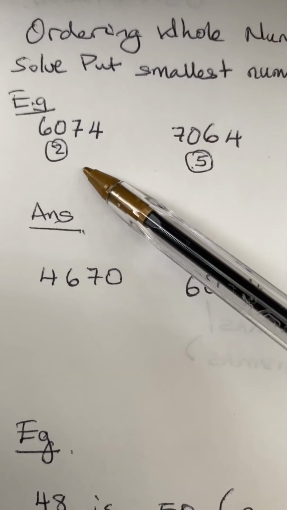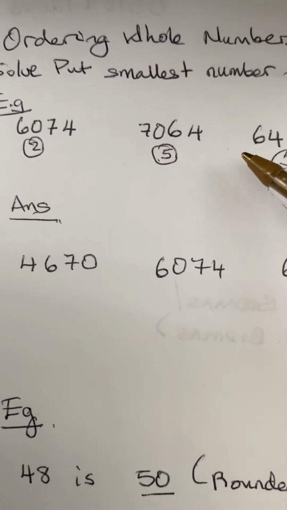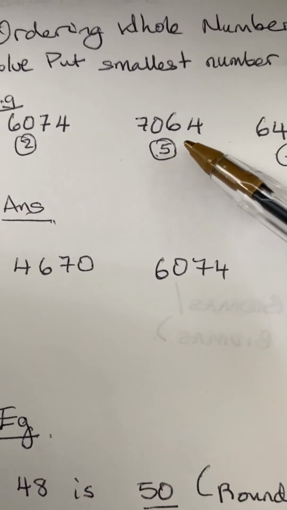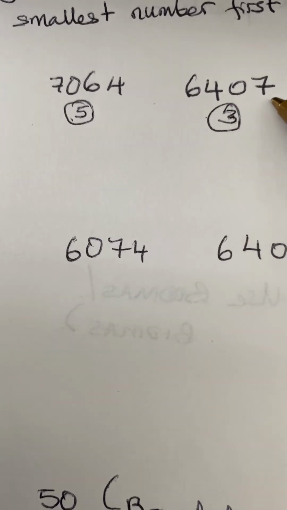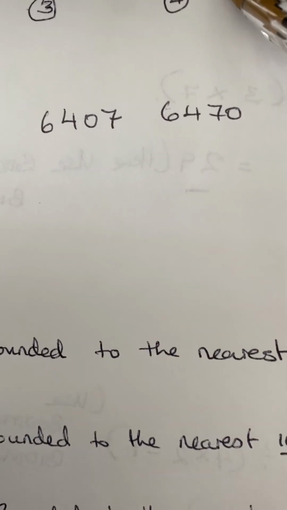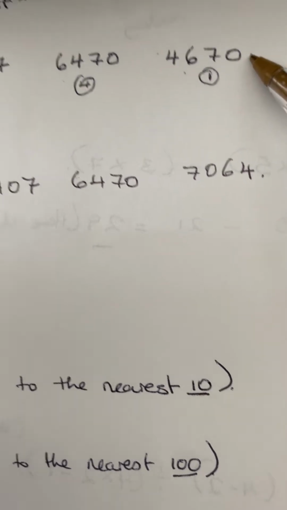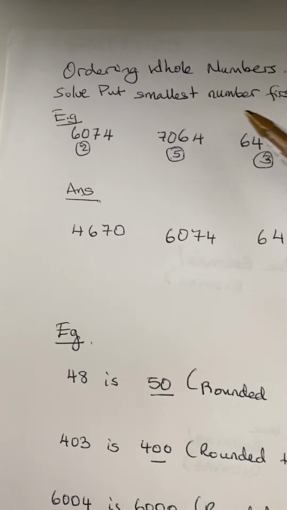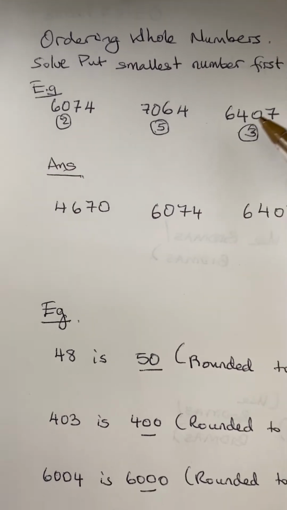So 6074, 7064, 6407, 6470, 4670. Now you need to order them from the smallest number first. So look at it.